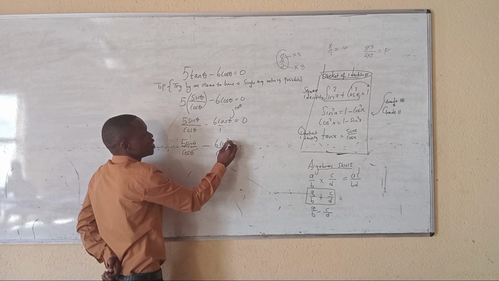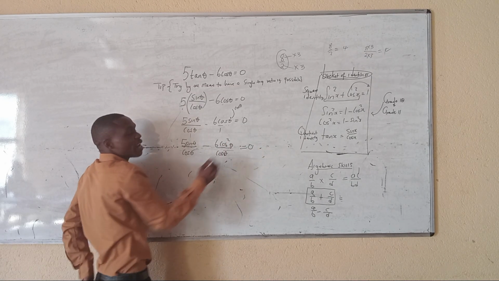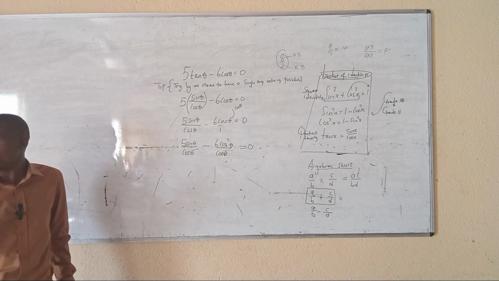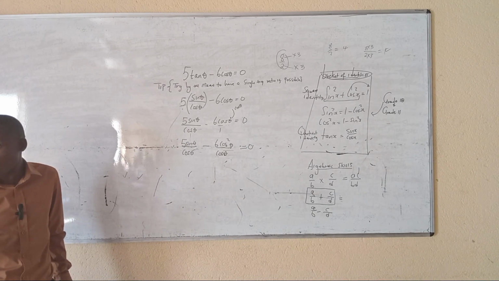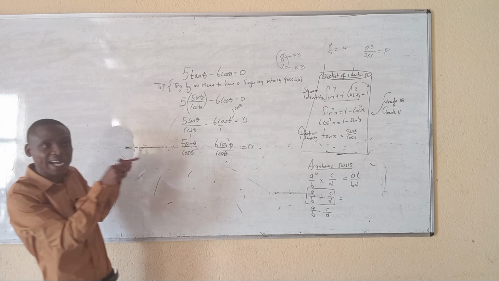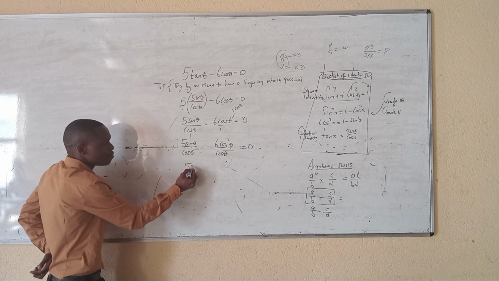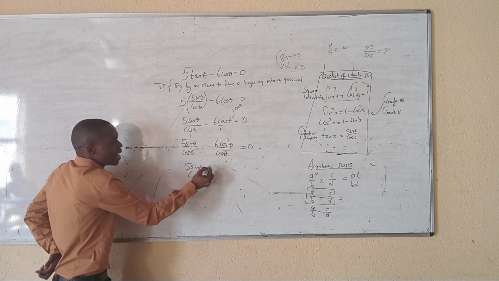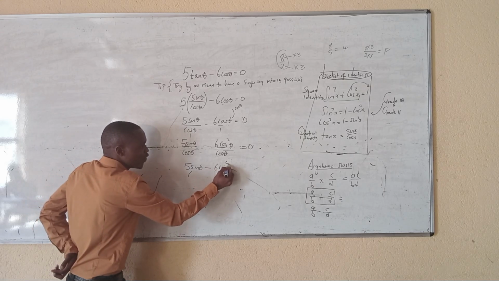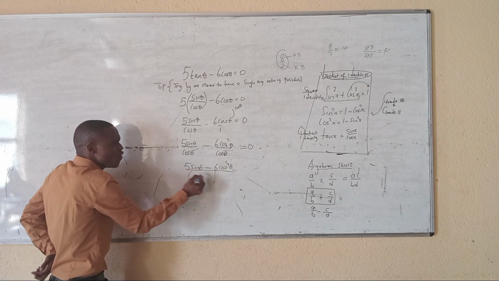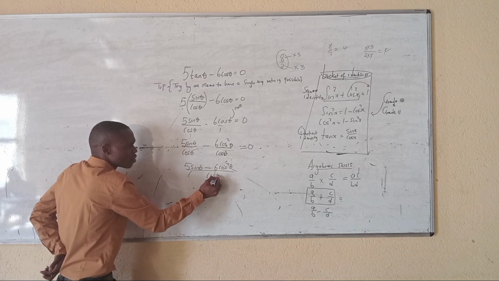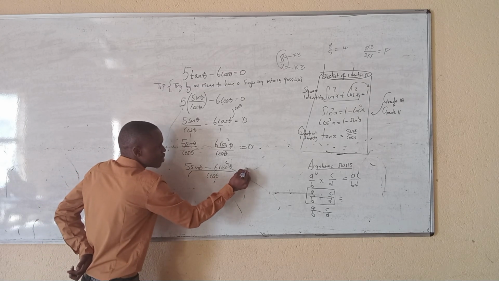So on top I'm going to have 6 cos squared theta equals 0. Now I have a right to subtract the numerators, because the denominator is the same. So you have 5 sine theta minus 6 cos squared theta all over cos theta equals 0.